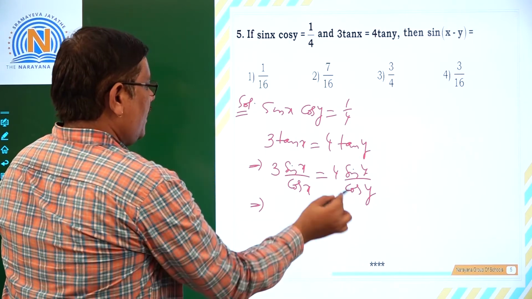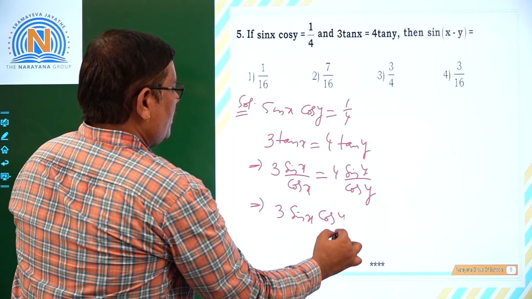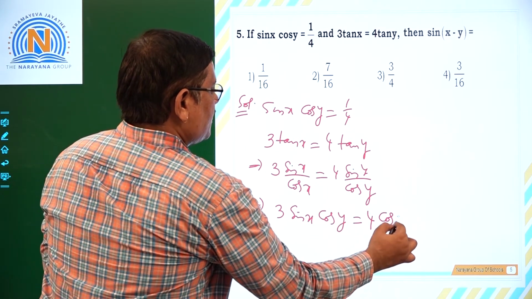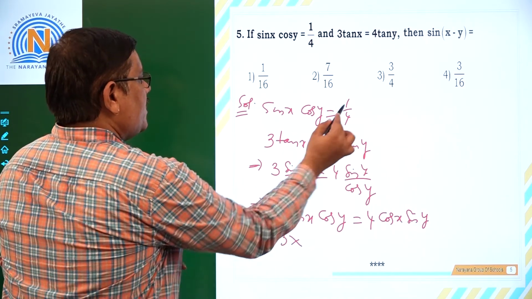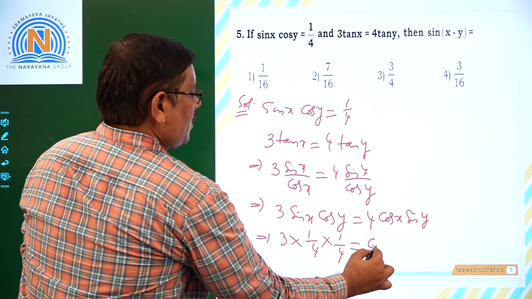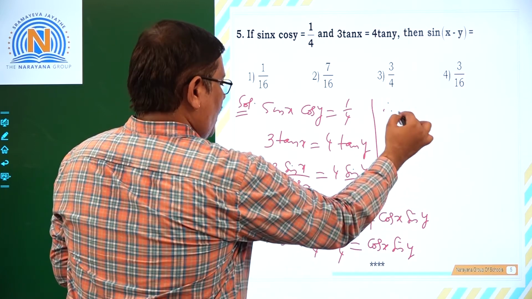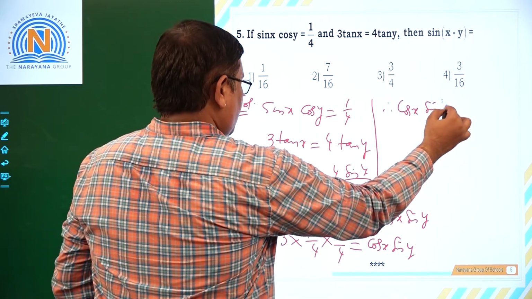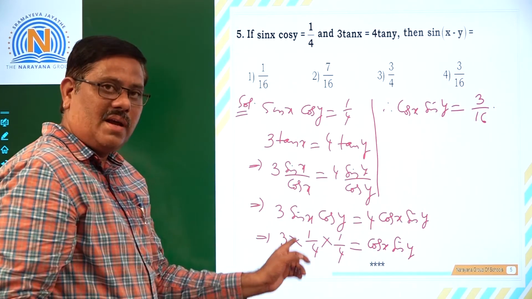That implies 3 sin x cos y is going to be 4 cos x sin y. That implies 3 into 1 by 4 is 4 cos x sin y. Therefore, cos x sin y, what is the resultant value? 3 upon 16. Cos x sin y is 3 upon 16.